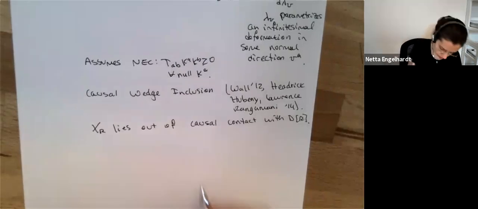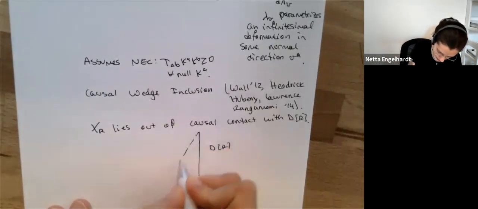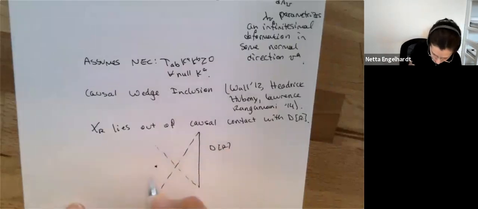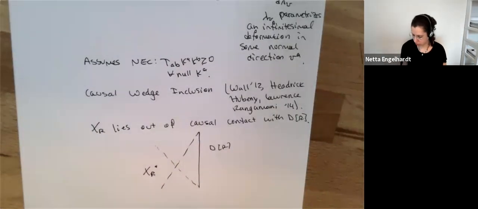In terms of pictures, this is D of R. This is the boundary of the causal wedge. Then we expect that X_R lies somewhere in this region over here. This was in some sense a sanity check.